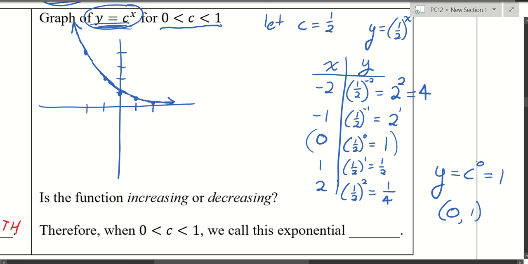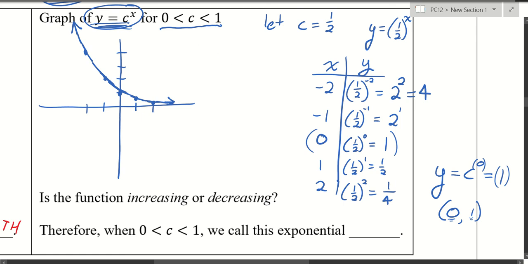Right, when we have an input of 0, we're always going to get an output of 1. Another way of saying that is we're always going to have this y-intercept at 0 and 1 for exponential functions of this form, whether it's exponential growth or, as we'll learn to call this, exponential decay.